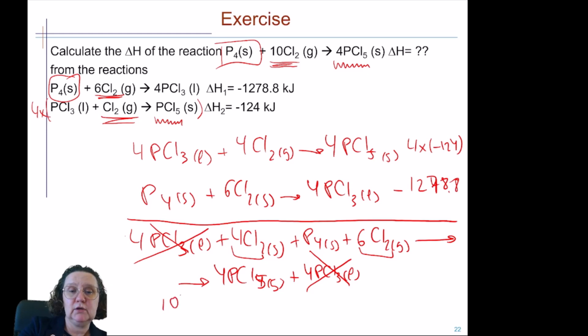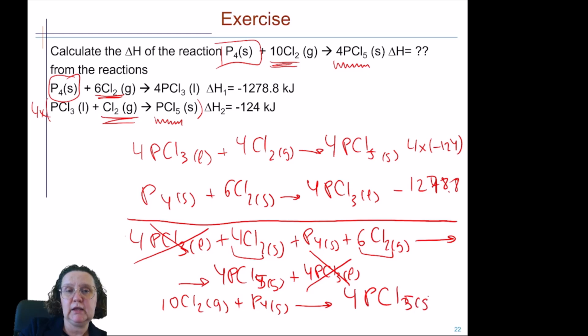So 10 moles of chlorine in gas form, and 1 mole of phosphorus in solid form gives me 4 moles of phosphorus pentachloride, again in solid form.